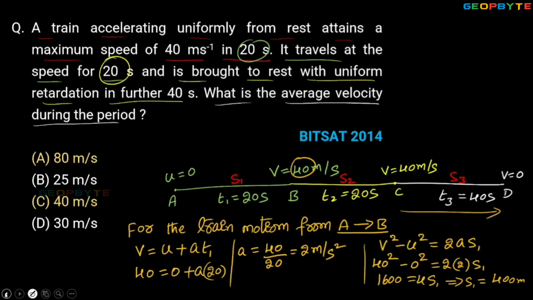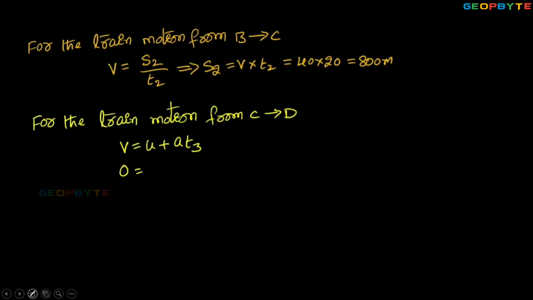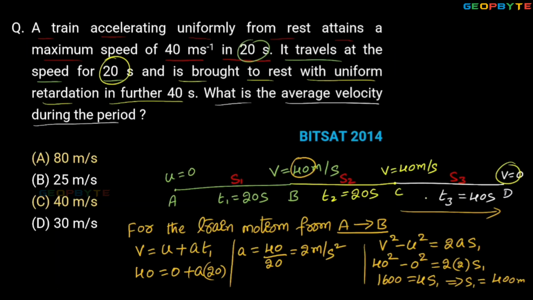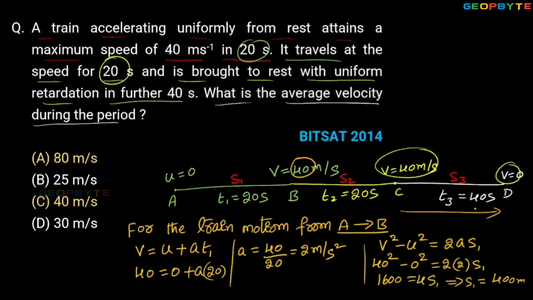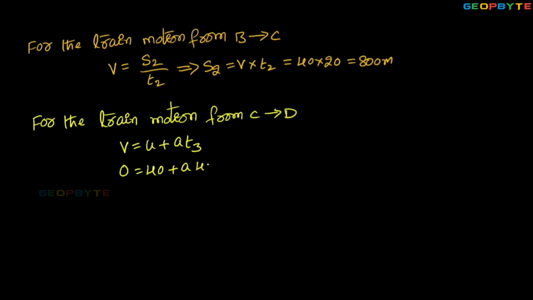Here, the final velocity v equal to 0 for the C to D journey. 0 equal to, at the beginning of the C to D journey, initial velocity is 40 meter per second, 40 plus a into T3. Look at the T3 given, 40 seconds. From this 40 into a is equal to minus 40. Therefore, acceleration, it is a negative acceleration, retardation, minus 40 by 40 equal to minus 1 meter per second square.